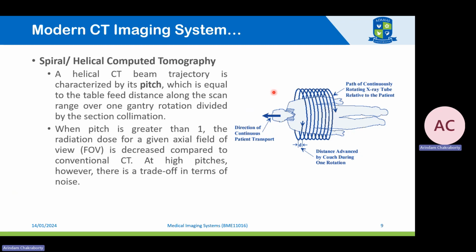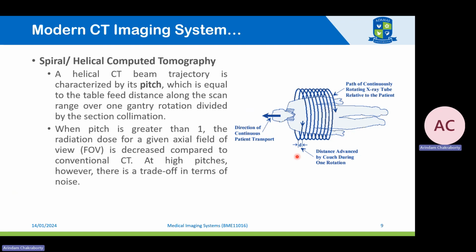So what is the pitch? Pitch is basically equal to the distance d that the table is fed, or the table is traversing, along the scan range over the gantry rotation, relative to the collimator section.